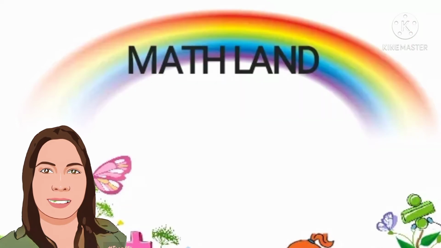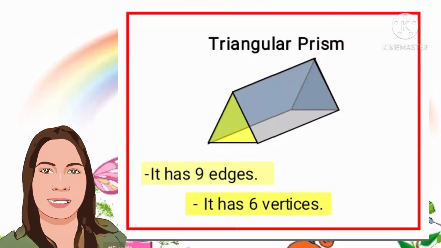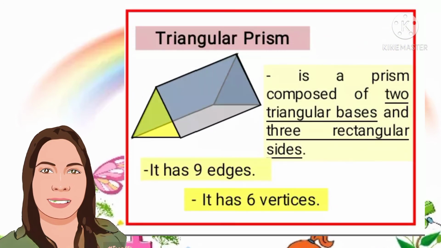And the last prism is the triangular prism. Triangular prism is a prism composed of two triangular bases and three rectangular sides. It has 9 edges and 6 vertices.